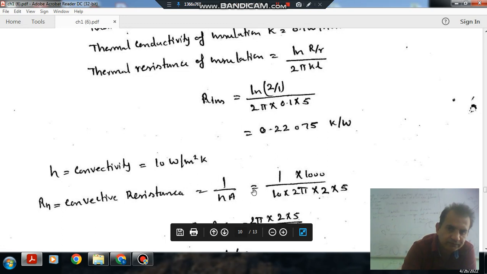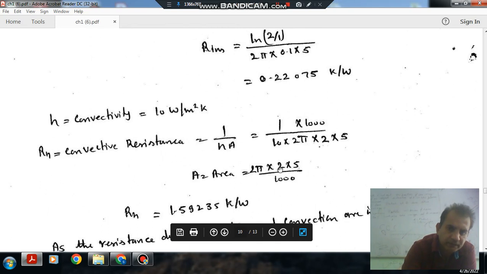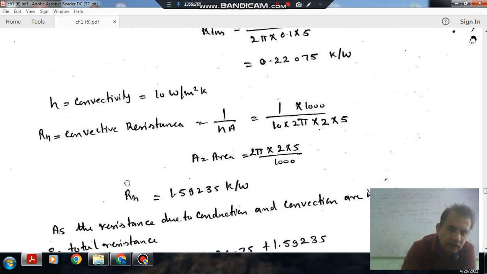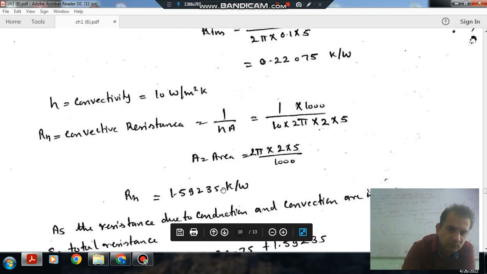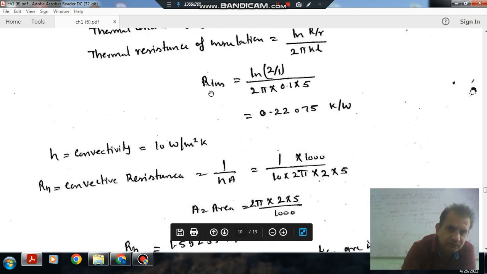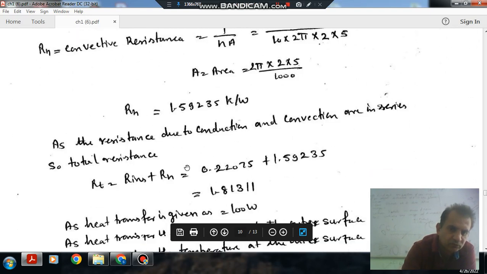H is 10 and the area is 2 pi R L, with R equal to 2 mm, that is 2 by 1000 in meters, and L is 5. So the convective resistance will be 1.59235 Kelvin per watt. As the insulation and convective resistances are in series, the total resistance will be the summation of the two, that is 1.81311.